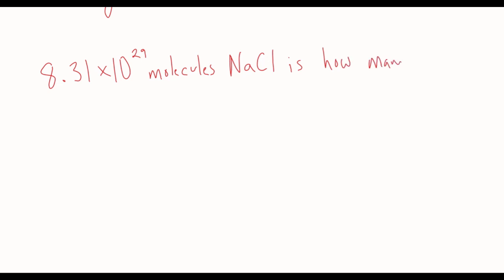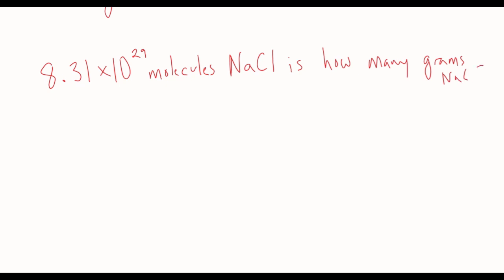All right, last example here. We have 8.31 times 10 to the 29th power, and that is molecules of NaCl, of salt. That is going to be how many grams of NaCl?